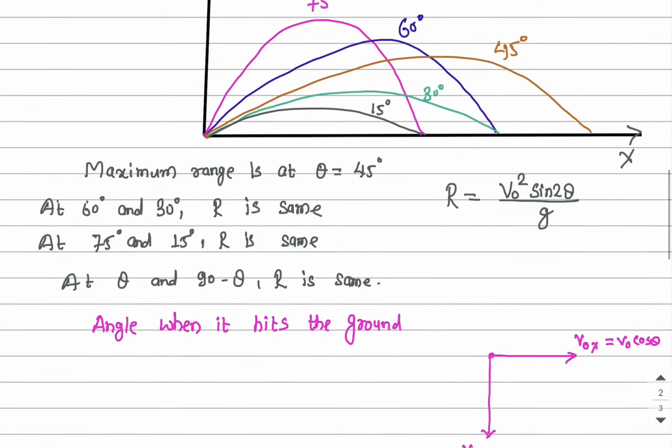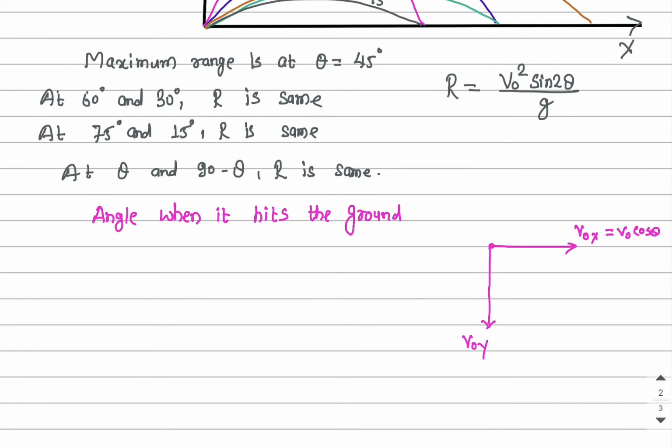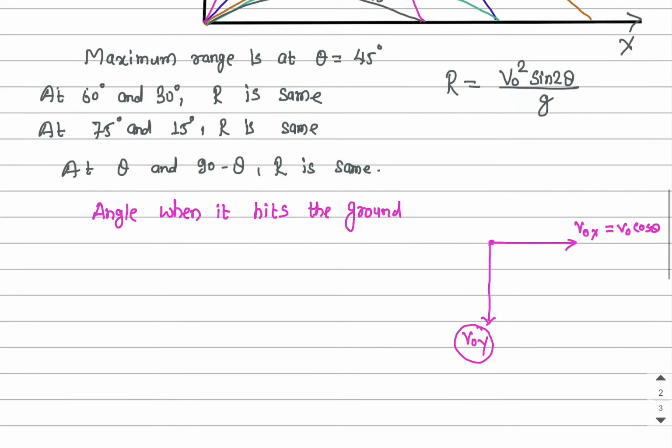So this is the vertical velocity v0y. And when you launch a projectile, this vertical velocity when it hits the ground is exactly equal to the vertical velocity when it was launched. And if you look at this triangle here, this is the vertical velocity component and this is the horizontal component.